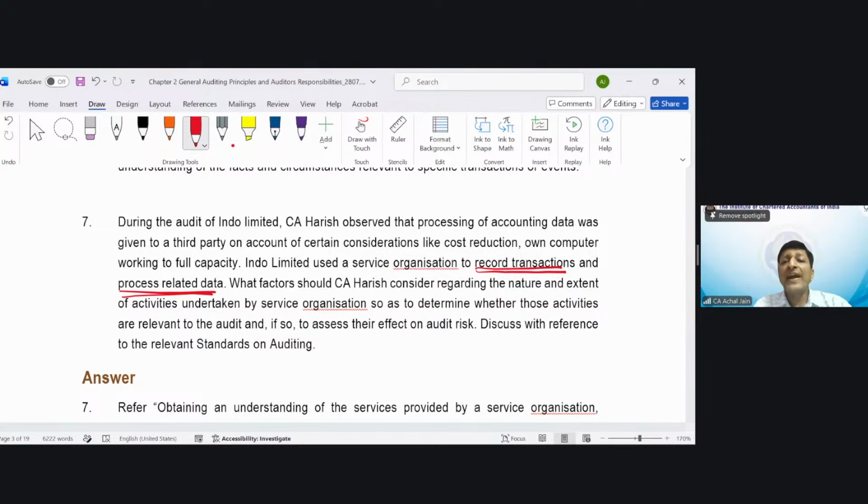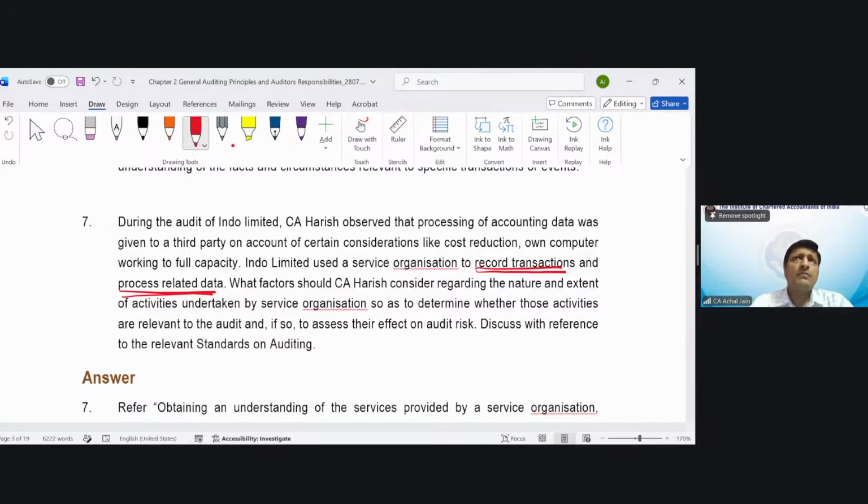Now, what factors should CA Harish consider regarding the nature and extent of activities undertaken by the service organization, so as to determine whether those activities are relevant to the audit, and if so, to assess their effect on the audit risk? In line with the requirements of the auditing standard, we need to discuss that.